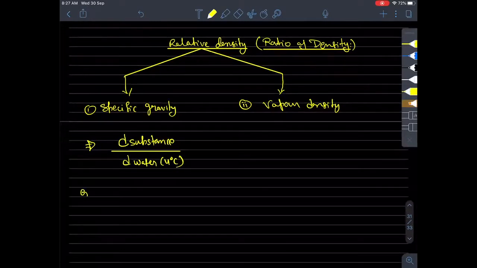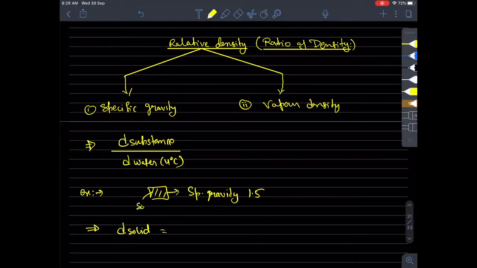For example, if I say a solid has specific gravity 1.5, it means the density of the solid divided by the density of water at 4 degrees centigrade is 1.5.